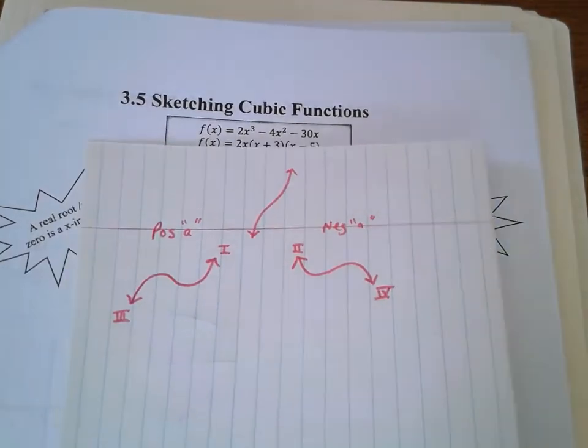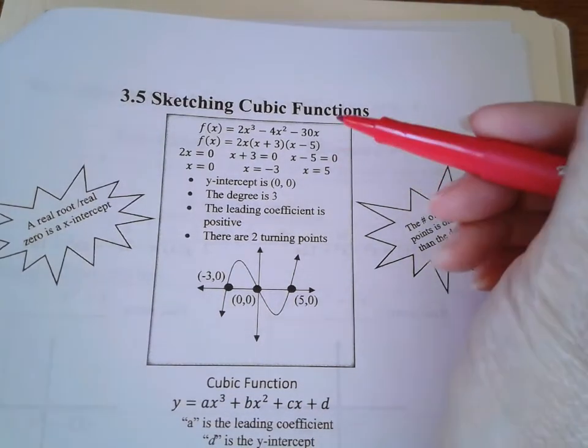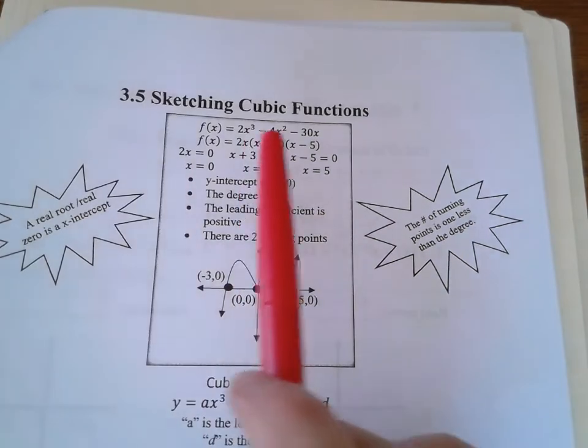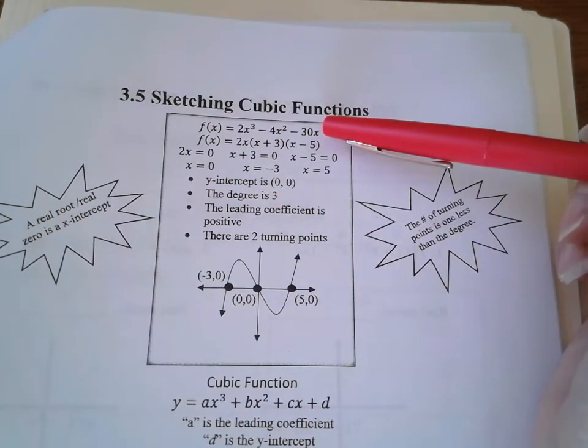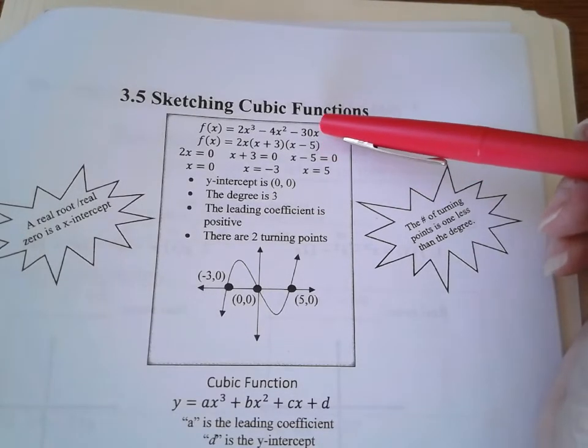So, sketching. Now again, I've got an example here. Alright, so this box here has all the information. I've tried to lay it out in a step-by-step fashion so that you could follow it.